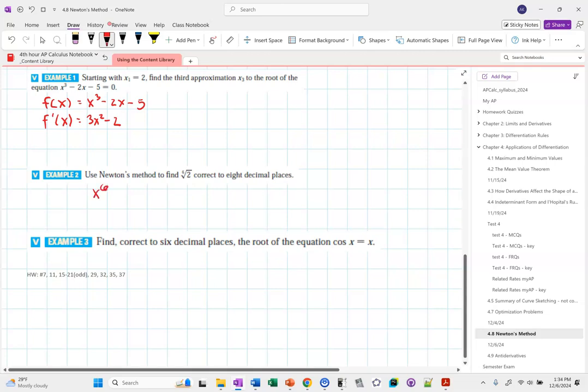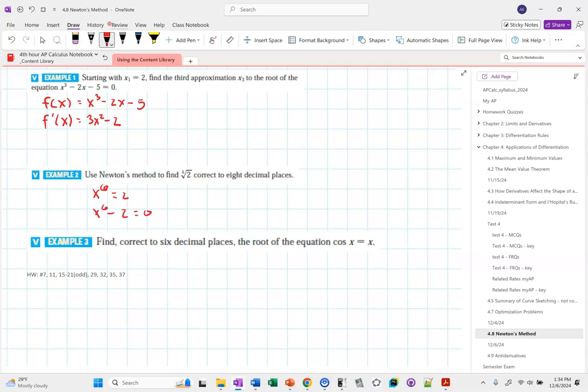How about x to the 6th is equal to 2, or x to the 6th minus 2 is equal to 0. That's what I want. So that's my f of x. And my f prime of x would be 6x to the 5th.